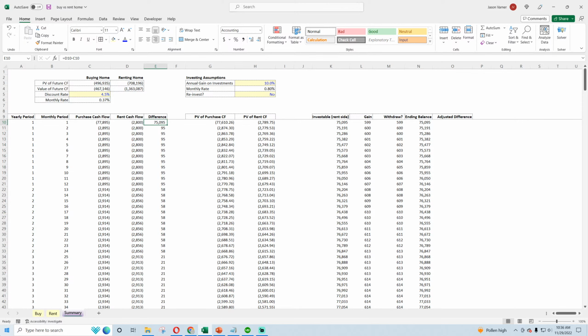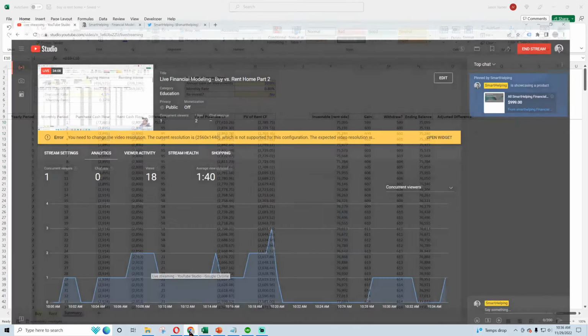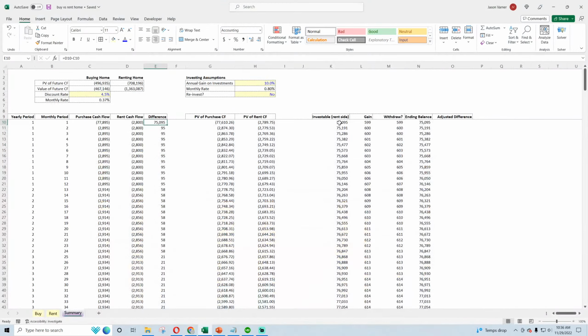Right? Because you're now investing that money. So the money is going out, and the idea is you want to outpace the value of the home going up, is what you are essentially saying. Let's think about this. So how do we show this? How does this make sense? This is definitely tricky. Definitely tricky. So let's think here.